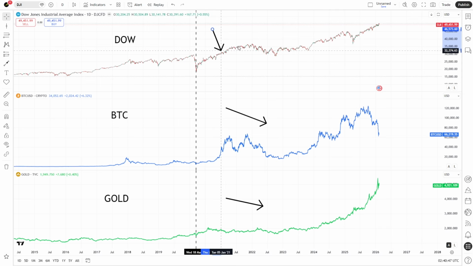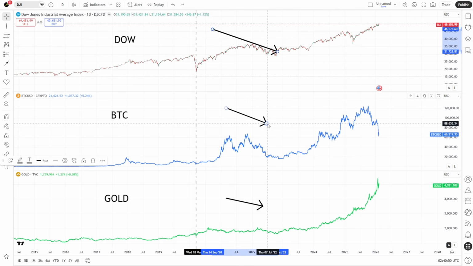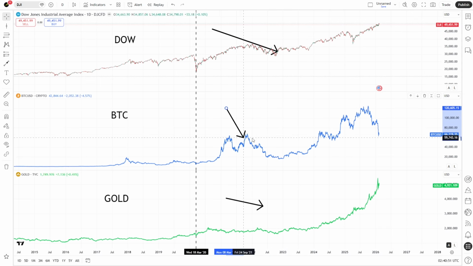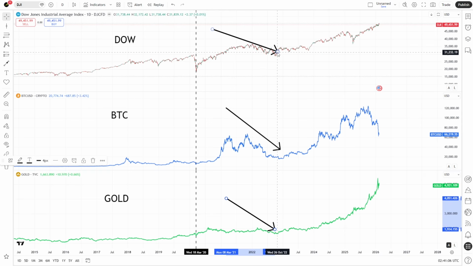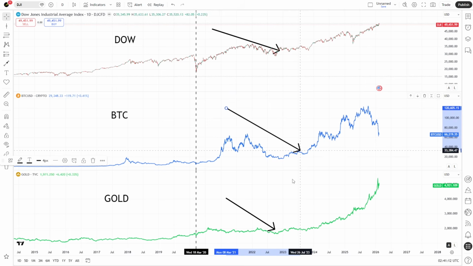So as the Dow Jones makes this first wave, Bitcoin goes into its 2021 bull run, and then the ensuing bear market that comes after the bull run. Gold, meanwhile, is just kind of doing nothing spectacular.